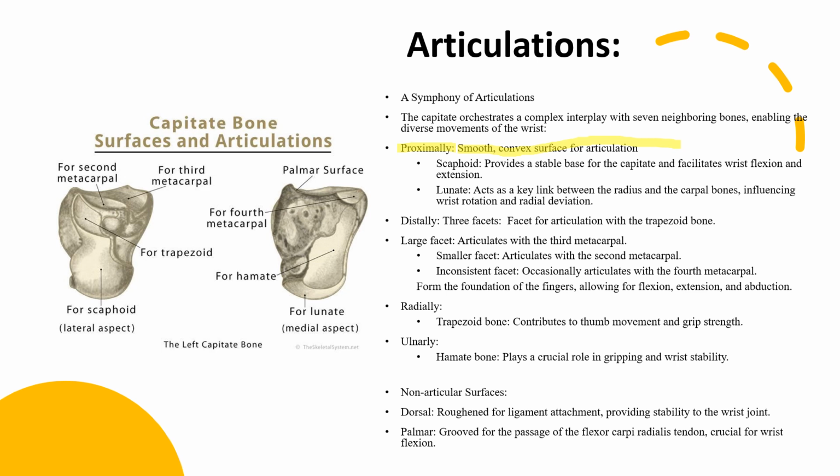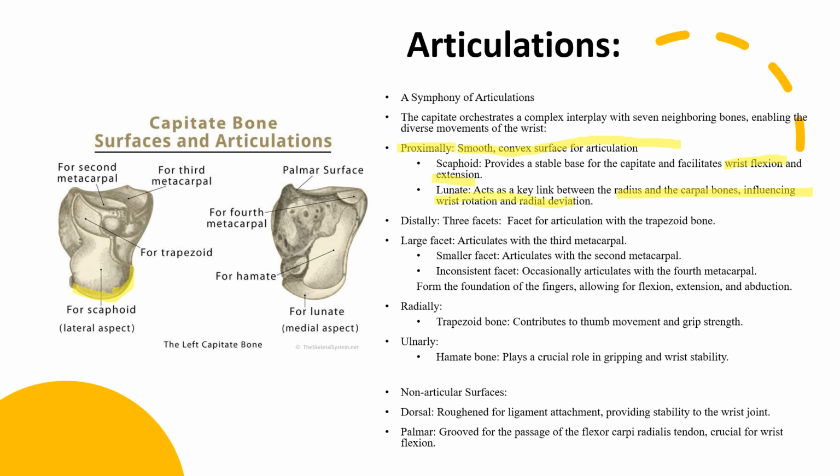It provides attachment to the scaphoid and lunate. The scaphoid provides a stable base for the capitate and facilitates wrist flexion and extension, while the lunate acts as a key link between the radius and the carpal bones, influencing wrist rotation and radial deviation.